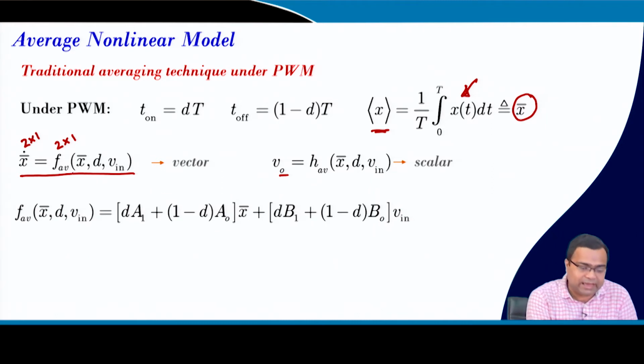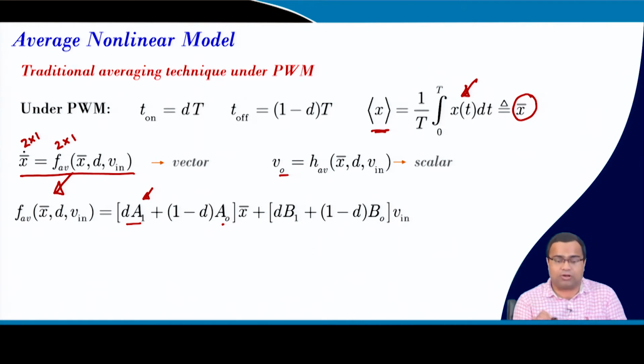So, what is this F average? This is the standard averaging technique, D into A1 plus 1 minus D into A0, where A1 is the system matrix when the switch is on, and A0 is the system matrix when the switch is off, and B1 and B0 are the input matrices when the switch is on and off respectively.